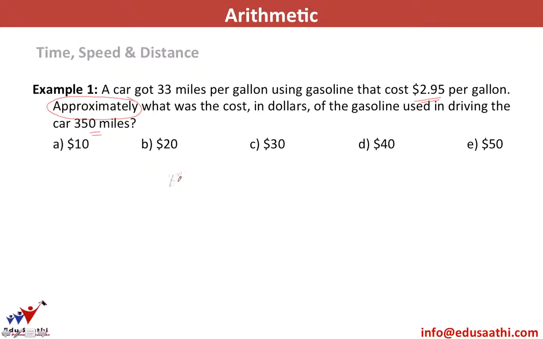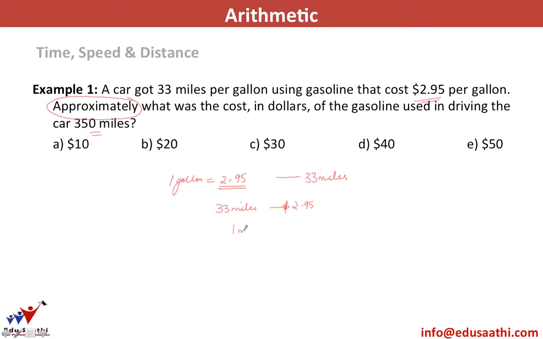the cost of 1 gallon is $2.95, and in 1 gallon I can travel 33 miles. So in order to travel 33 miles, $2.95 is spent.